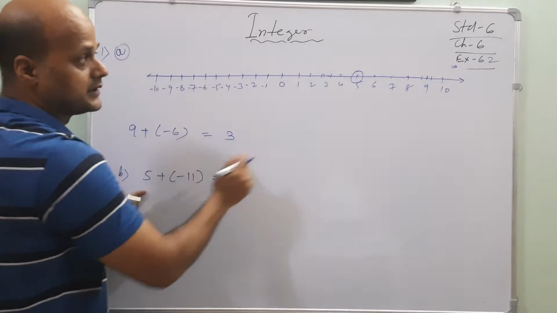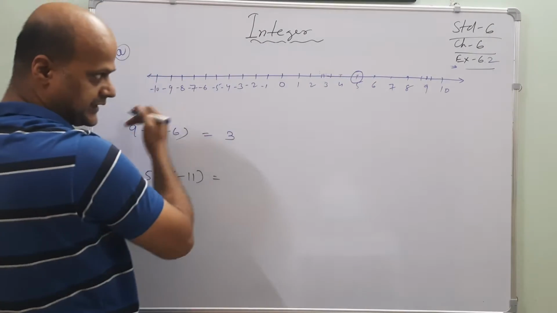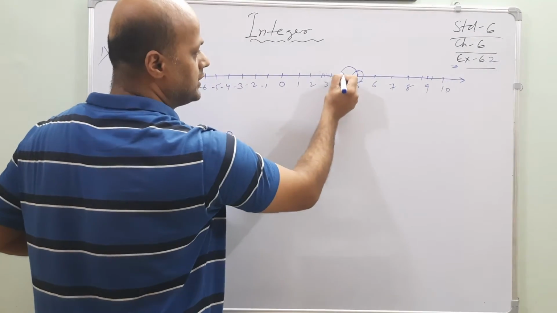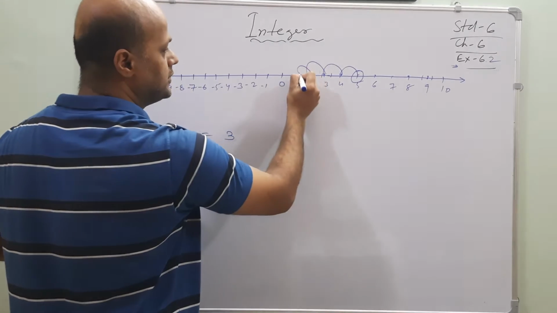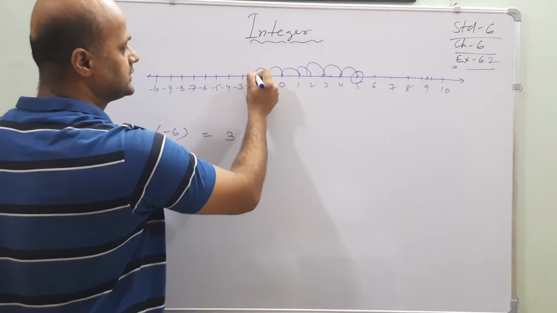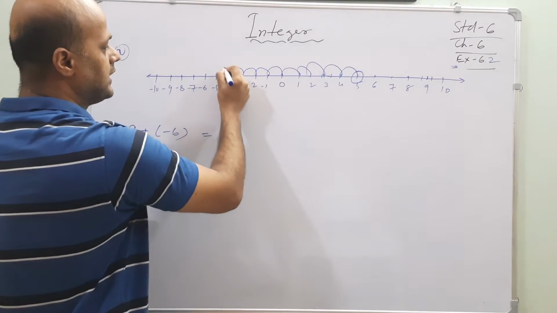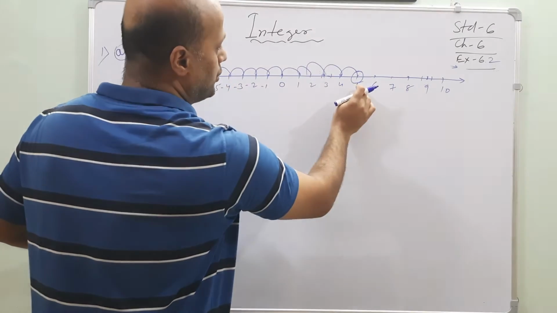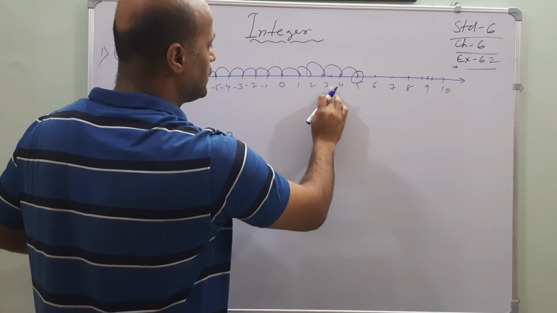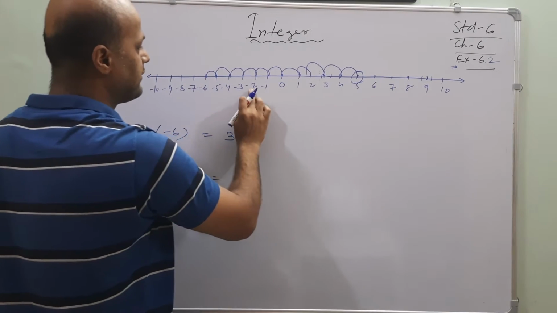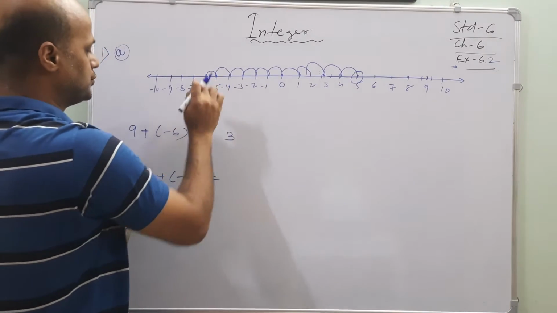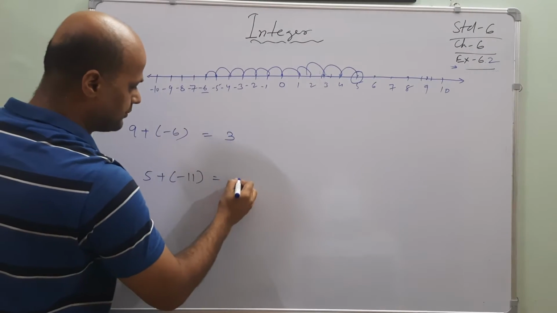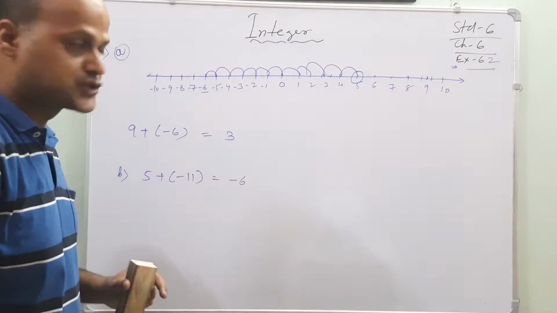Plus minus 11. Minus means what? It will decrease. So right here 1, 2, 3, 4, 5, 6, 7, 8, 9, 10, 11. Again. 1 plus 5. 1, 2, 3, 4, 5, 6, 7, 8, 9, 10, 11. So what is the number that came? It's minus 6. Understood? Okay.